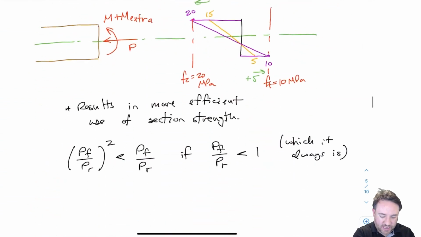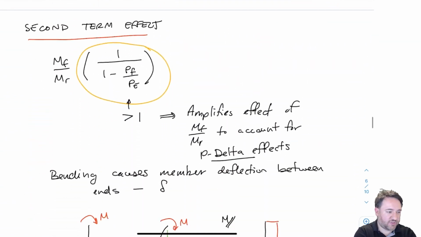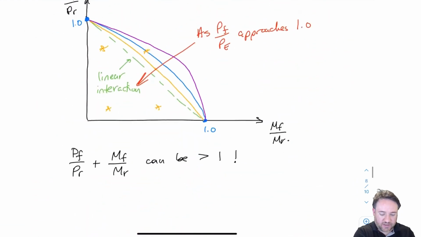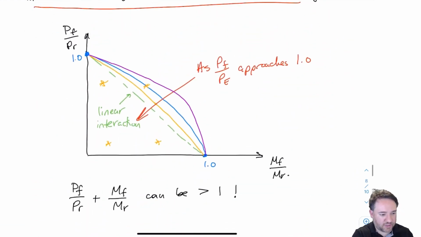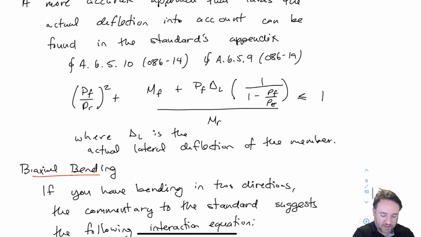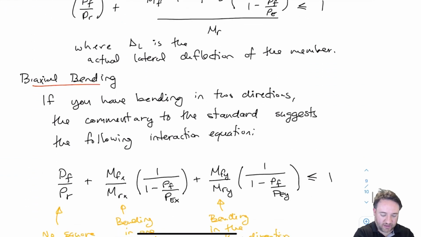Then we looked at the second term effect, which amplifies the MF over MR to account for P delta effects, and we looked at what those P delta effects are. And we looked at the interaction for axial compression and bending, and then we looked at some other alternate approaches that better take into account P delta effects and also what to do if I have biaxial bending.